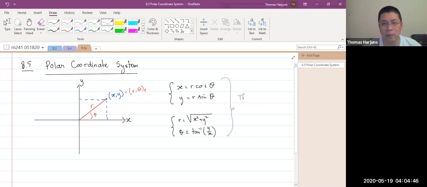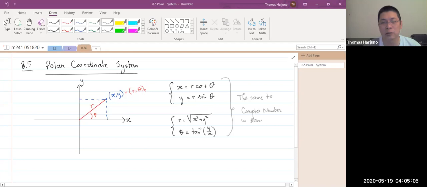The same as for a complex number in standard and trigonometric form.